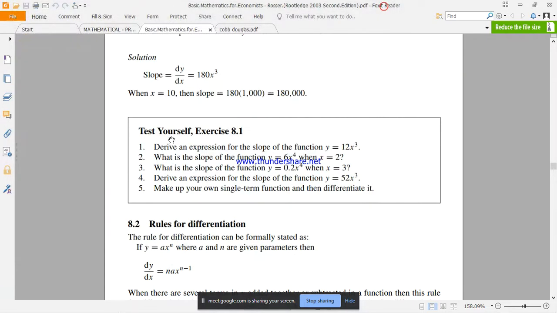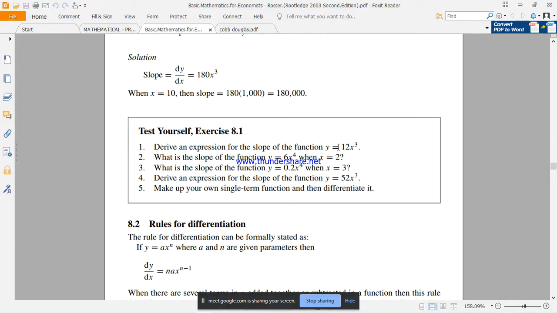Technology is not on our side, but it's okay. Let's find an expression for the slope of this particular function. When a question is asking you to find an expression, what they're telling you is just find dy/dx, because that will be the expression of the slope.